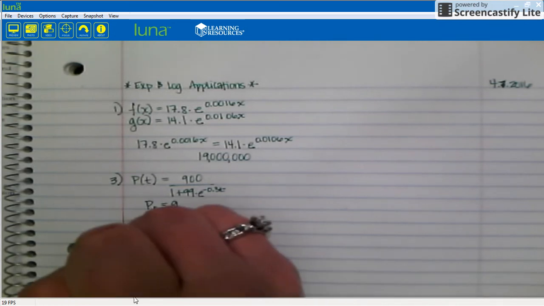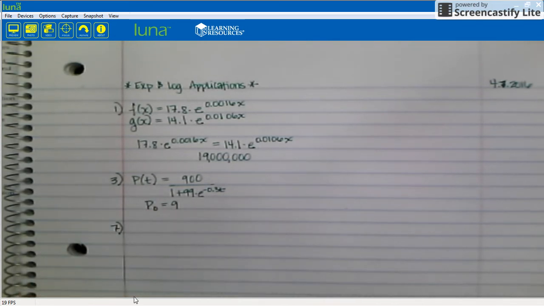Take a look at number 7. Suppose the algae growth in Black Oak Lake increased from 100,000 cells per milliliter to approximately 10 million cells per milliliter in a 7-day period.